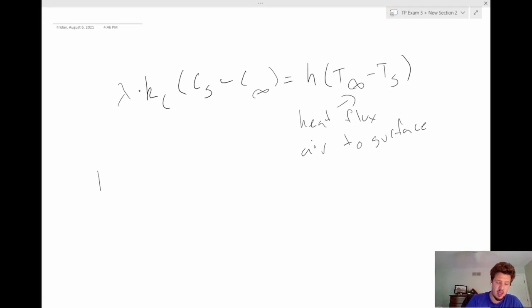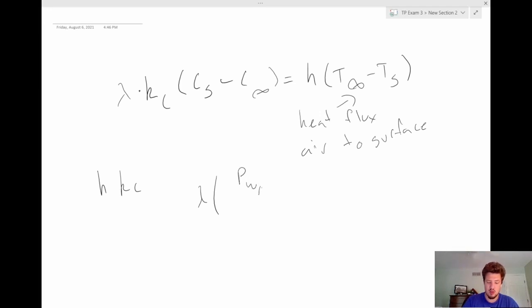So when we look at this equation, we'll notice that there is a Lewis relationship here. We have an H and a kC. And what we know is that if we have those on each side of the equation, we can break down the Lewis equation and place it in. So on this side, we will have lambda, and we'll break down the concentration of the liquid into the partial pressures.